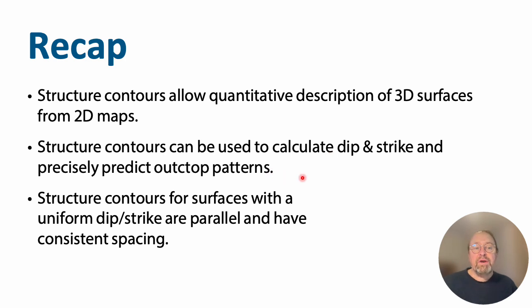And last but not least, we looked at how structure contours for a surface generally have uniform strike and dip, that they're parallel and they have a consistent spacing. That's what you were doing in the previous exercises.